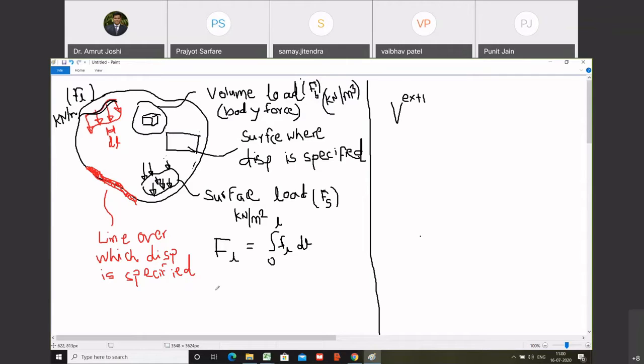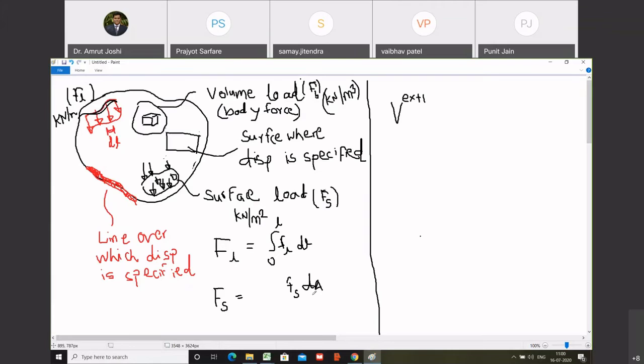Now if I want to calculate the total surface force, what do I have to do? I will have to consider a small area here. That area I am going to call dA. Do you agree with me? Yes, sir. On that dA, the intensity of surface load is Fs.